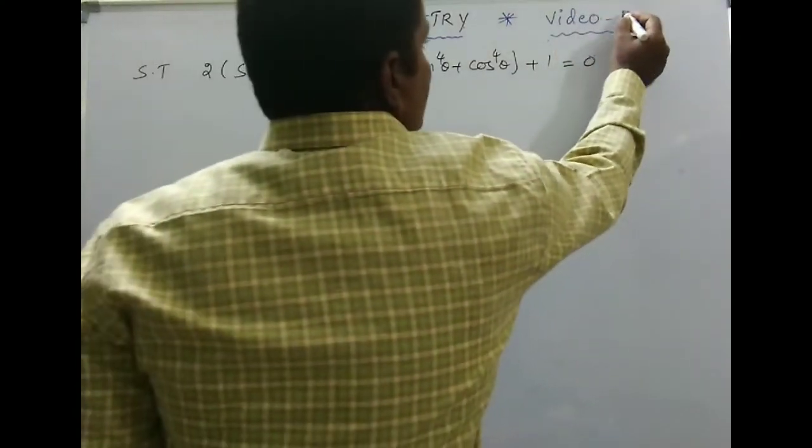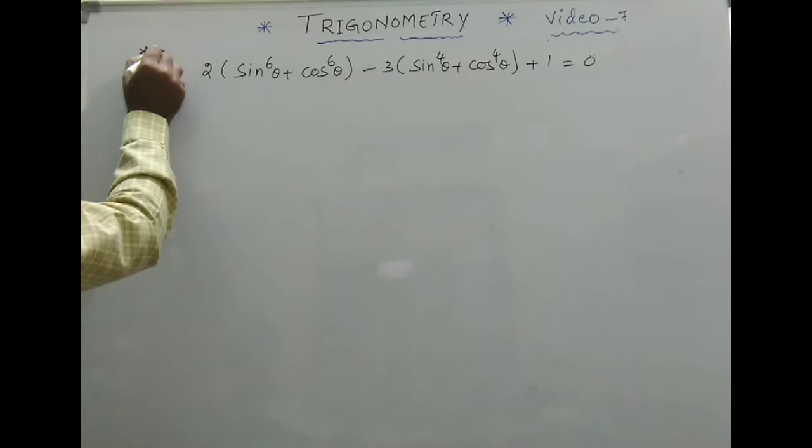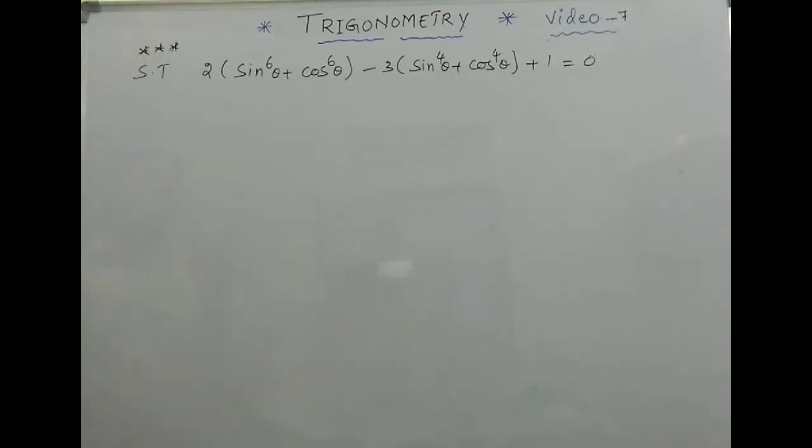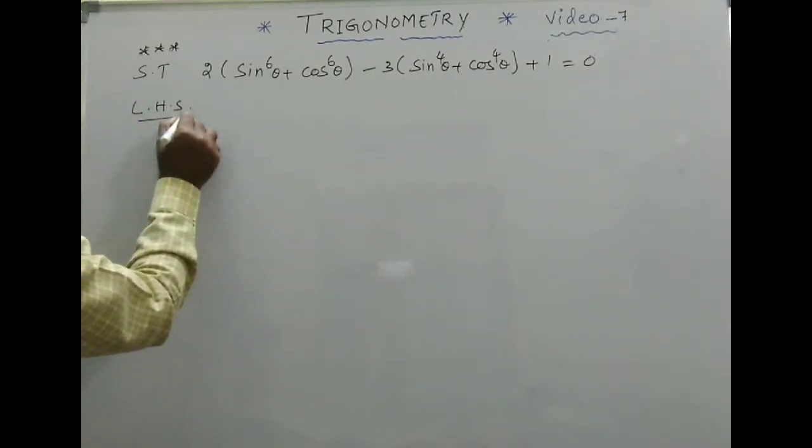So look at the next question, which is a very important question. Most important question. Show that 2 into sine power 6 theta plus cos power 6 theta, minus 3 into sine power 4 theta plus cos power 4 theta, plus 1, is equal to 0. See, very simple if you know the technique.